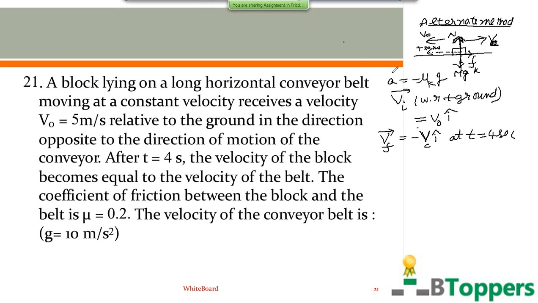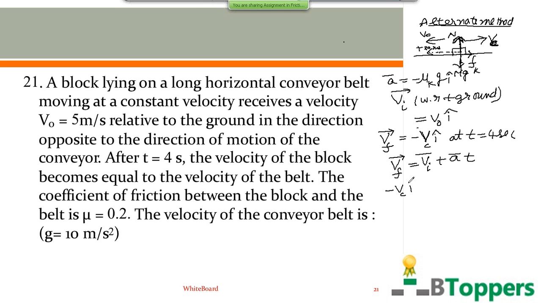So in vector form, the acceleration, as I discussed, can be written as a bar equal to minus mu k into g into i cap. Again, use the same equation, v equal to u plus at, or final velocity equal to initial velocity plus acceleration into time.